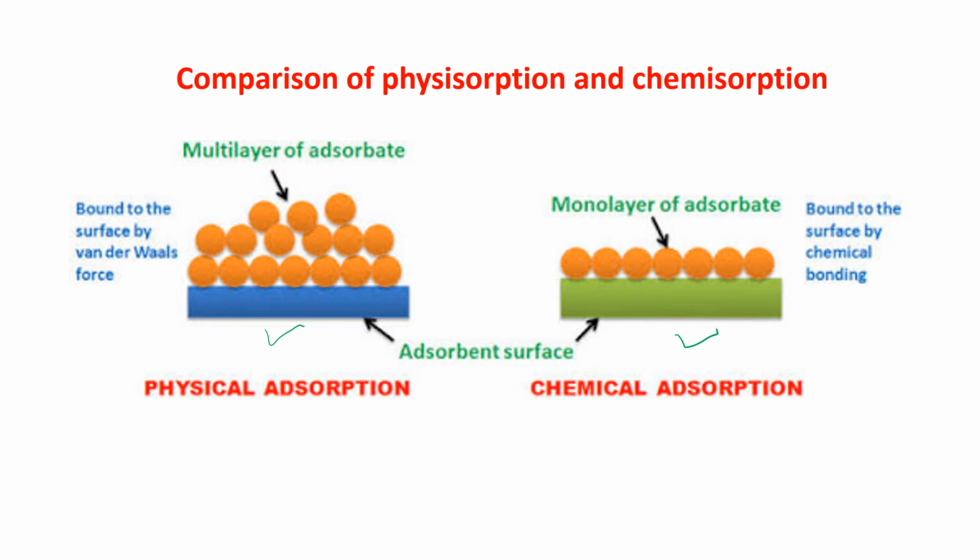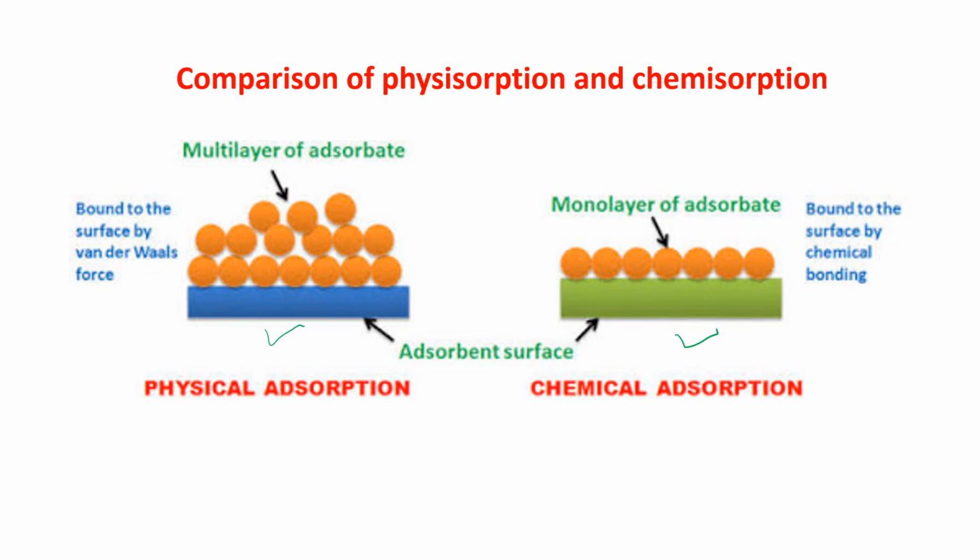Only the first layer is attracted by the adsorbent surface, and the second and third layers are attracted by the force experienced from the first layer of the adsorbate particles only.